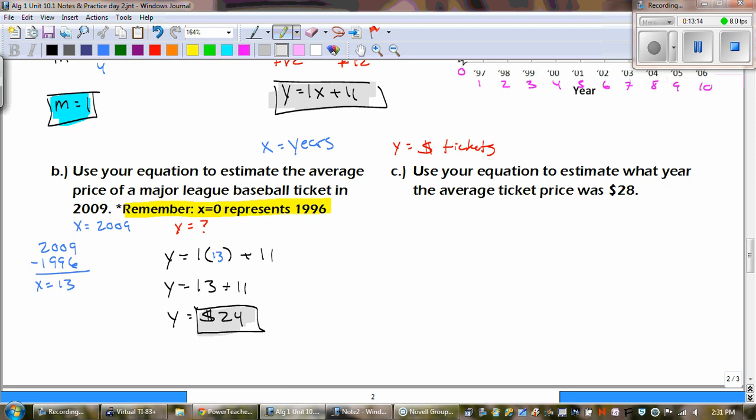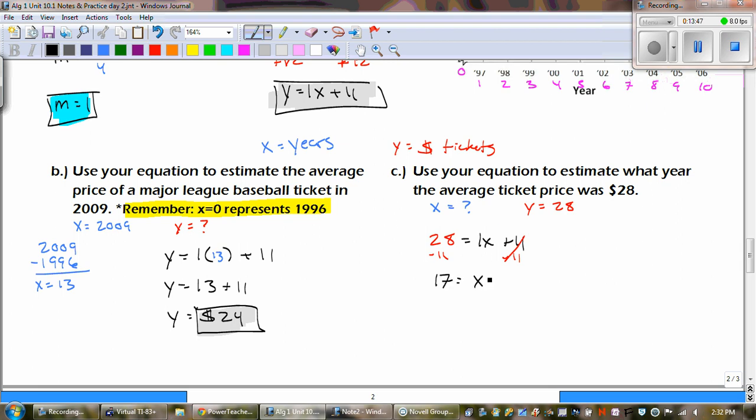C says use the equation to estimate what year. So what year, that's what they're telling me what the year is. And the price is 28. So when we fill out the equation this time, they told us what the price is, and we have to do the rest. Okay, so to solve, we would subtract the 11 to the other side, and we get that 17 equals 1x.